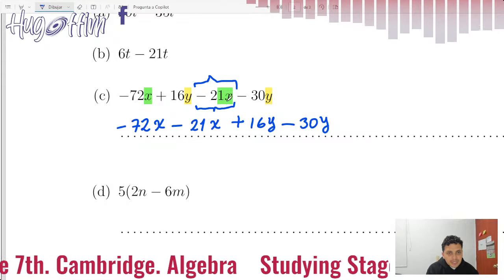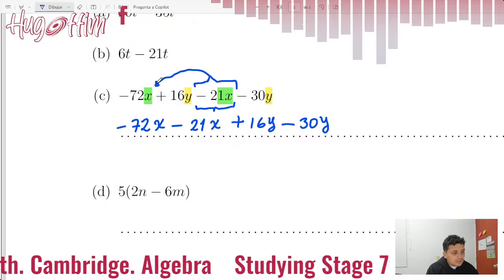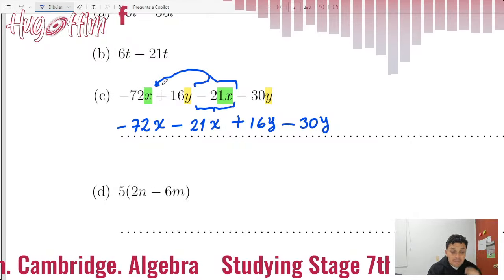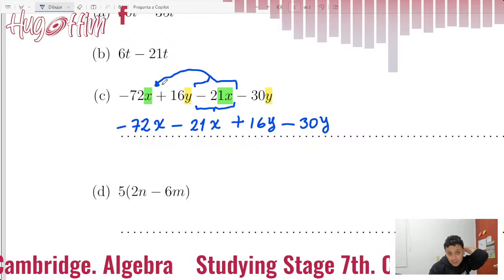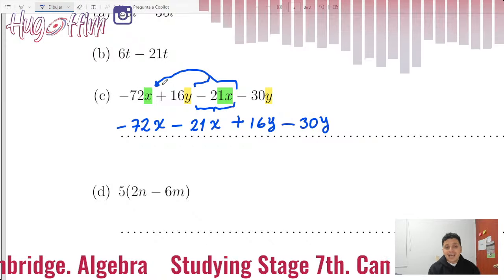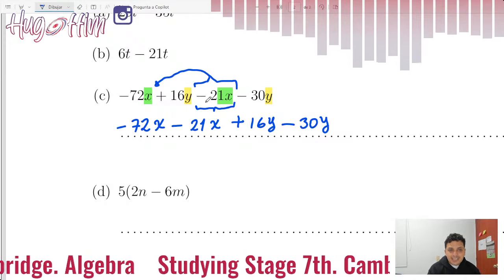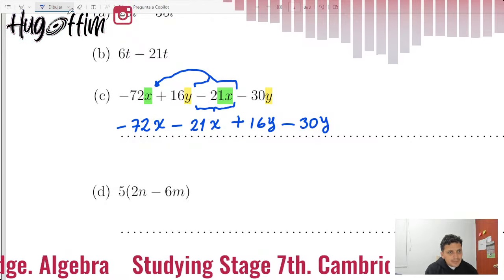The whole term includes the sign. If you move the term, you move it with the sign. This is important. Move it with the sign, because if you don't, you're not applying the operation. This comes from integers. The subtraction is adding the negative. So here what you're doing is adding this negative. That's why you should move both the terms.